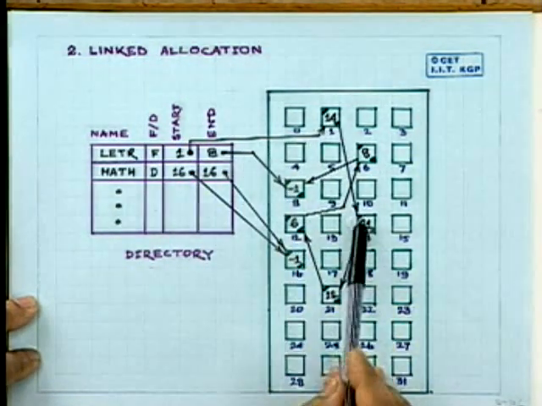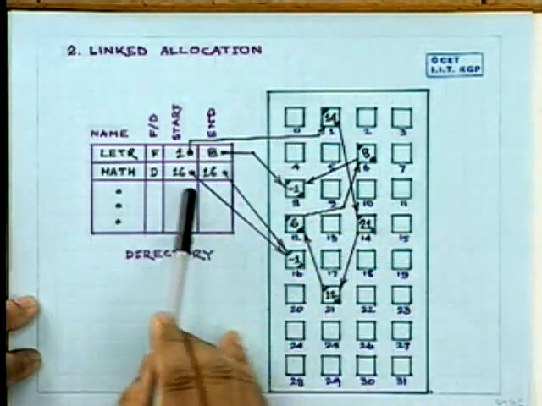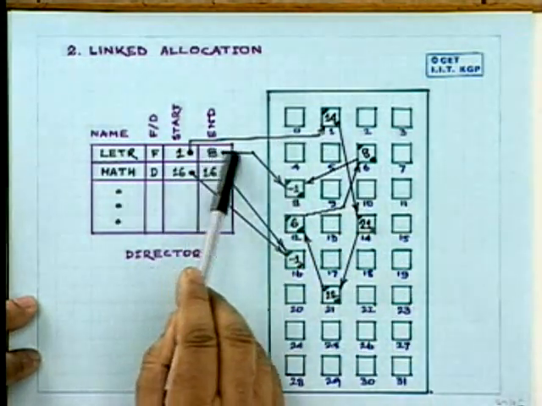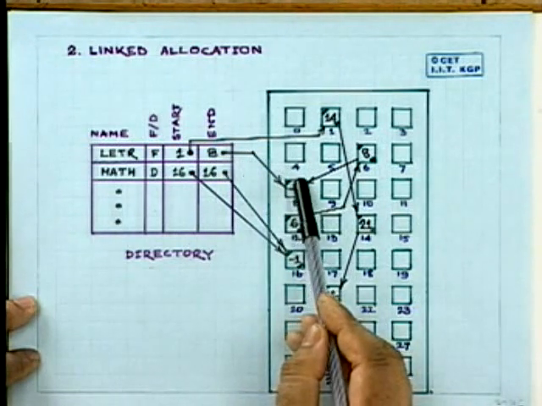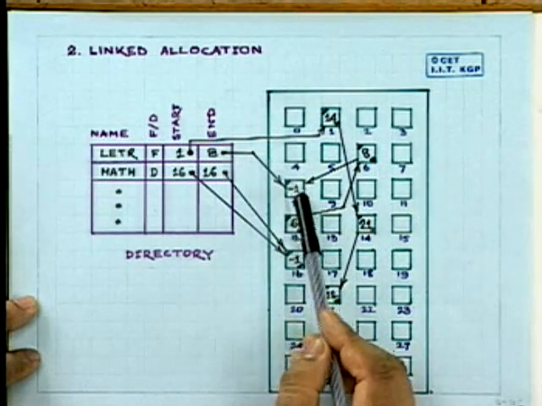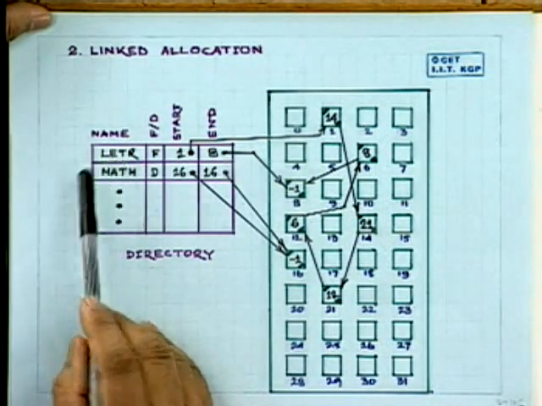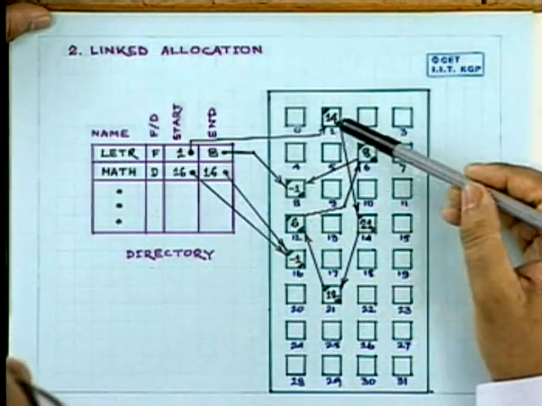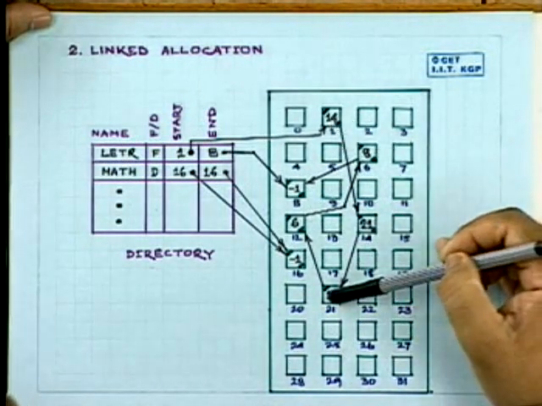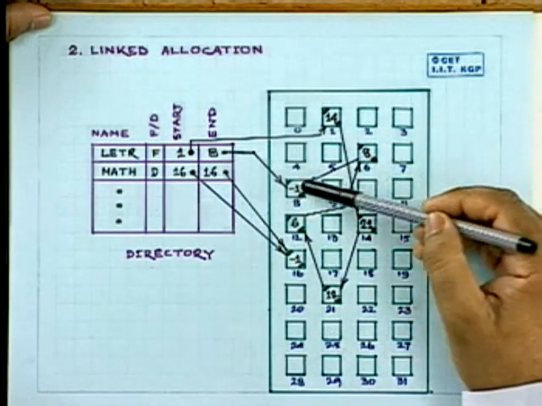The blocks are kept in a linked list. The start is here and the end is here, and the end is marked with a particular flag, say like -1. For example, this is for the file which consists of, say, how many blocks? 1, 2, 3, 4, 5, 6 blocks.